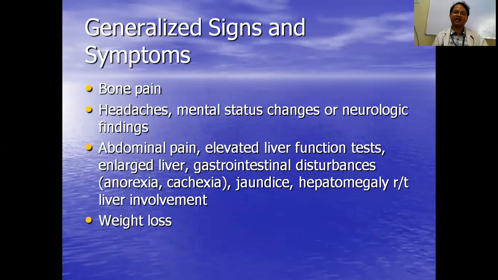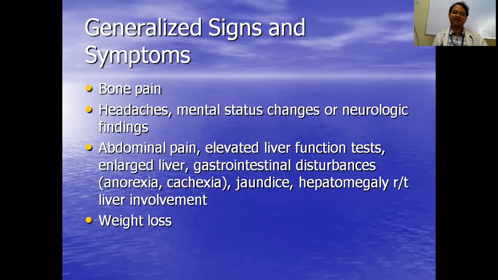Coming to the generalized signs and symptoms, the patient might be having bone pain, headaches, changes in the mental status and neurological changes. There can be abdominal pain and elevation in the LFT, liver function test will be elevated. There might be enlarged liver.